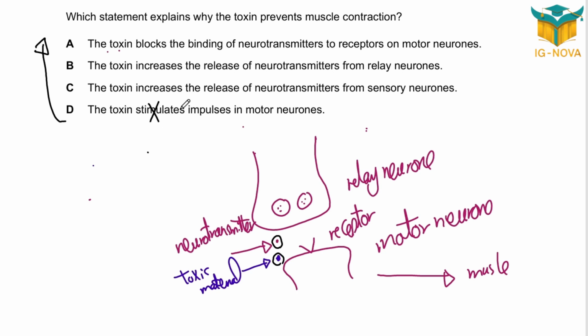The toxin increases the release of neurotransmitter. We said it will prevent. The toxin material will block the neurotransmitter binding to the motor neuron. Fact. Why? Because it has similar shape to the neurotransmitter, so it might bind instead. So it blocks binding of the neurotransmitter, so less contraction. So option A.